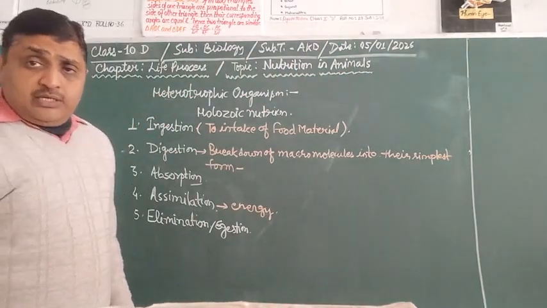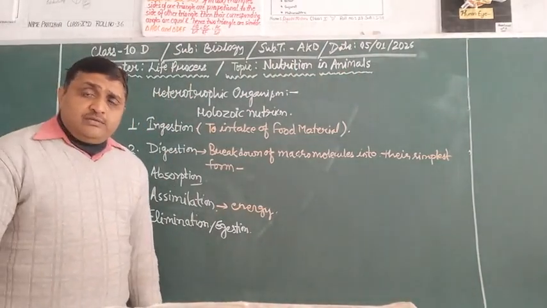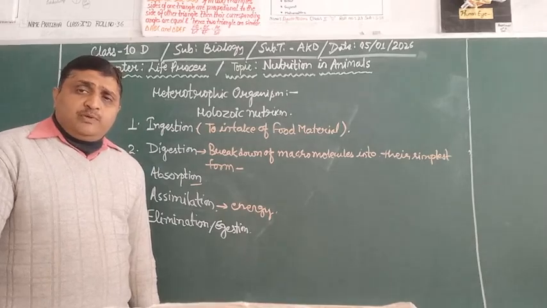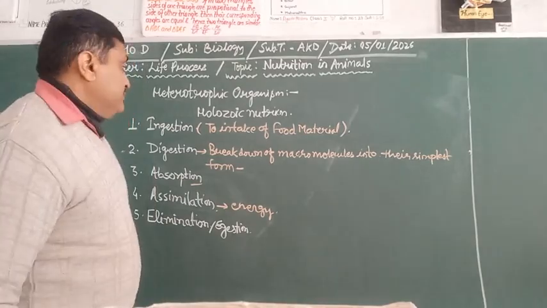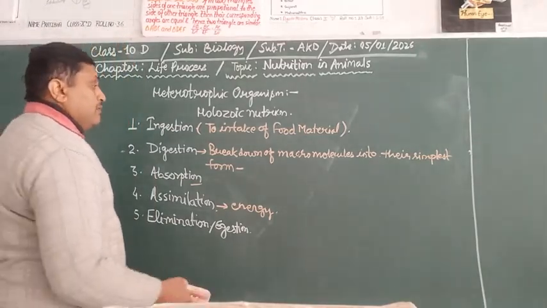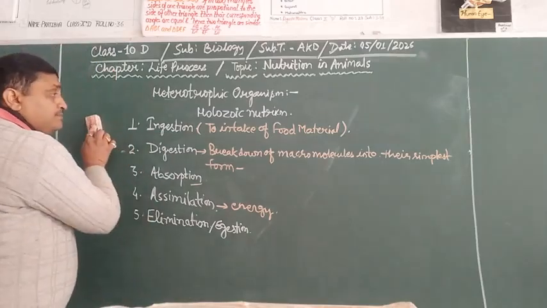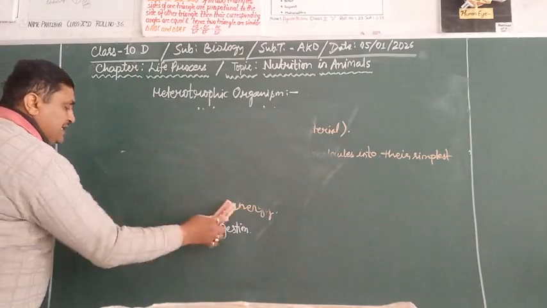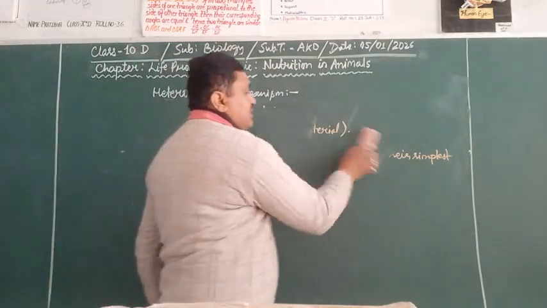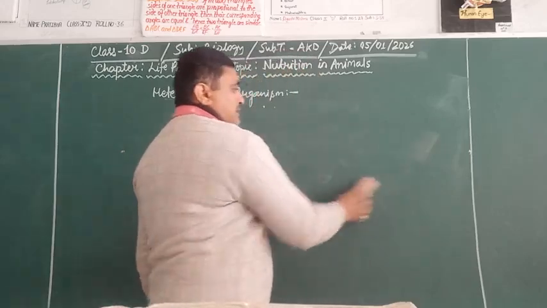So in holozoic nutrition, I will discuss here 2 examples. One is the unicellular organism, another one is the multicellular organism. Holozoic nutrition in the unicellular organism and holozoic nutrition in the multicellular organism.